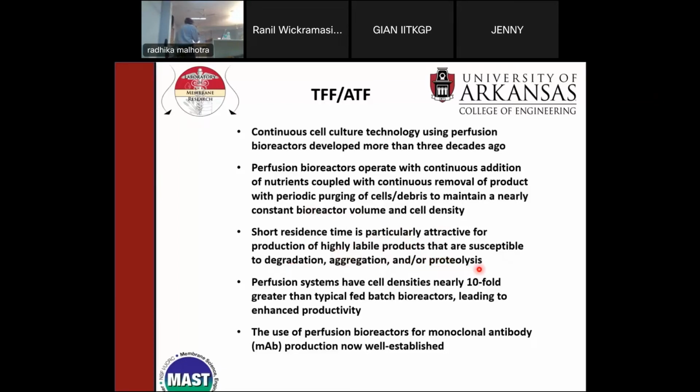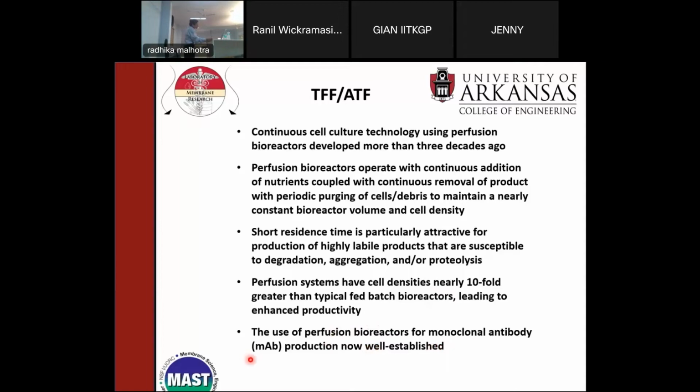So what I mean by short residence, product is produced, it doesn't stay in the bioreactor too long, continuously removing it. If it stays there too long, you could be getting other sorts of enzymes that degrade the product. That is the concern. Perfusion cell density is nearly 10-fold greater than batch bioreactors. That's also important. Higher cell density, higher product titer, leading to enhanced product.